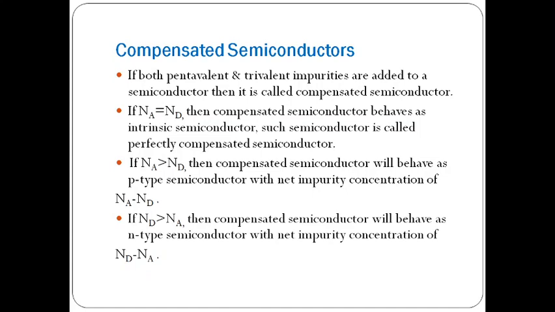If the donor concentration is greater than the acceptor concentration, the compensated semiconductor behaves as an n-type semiconductor with net impurity concentration Nd minus Na.